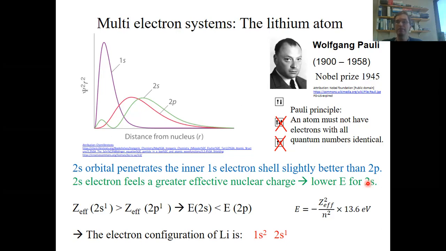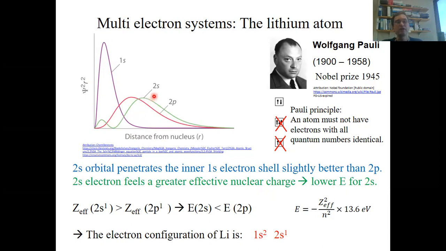But we can again explain this using the concept of shielding effects and the effective nuclear charge. Okay, so in fact, the 2s orbital penetrates the inner 1s orbital slightly better than the 2p orbital does.